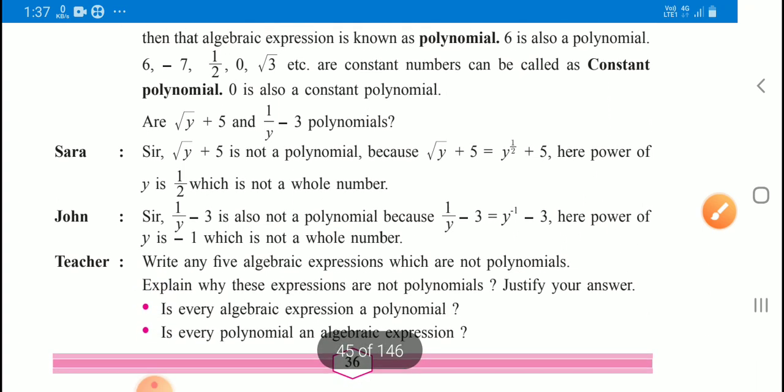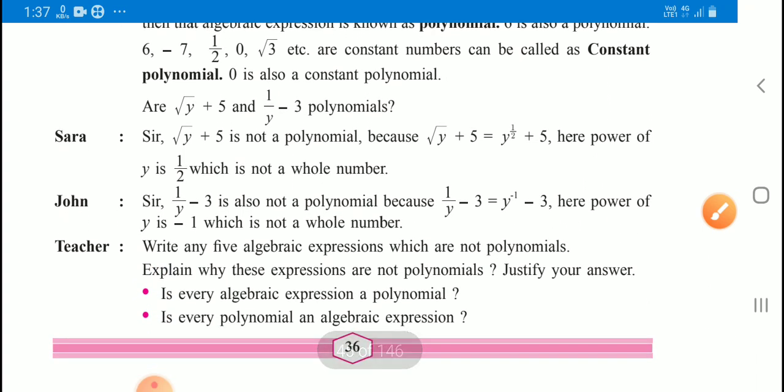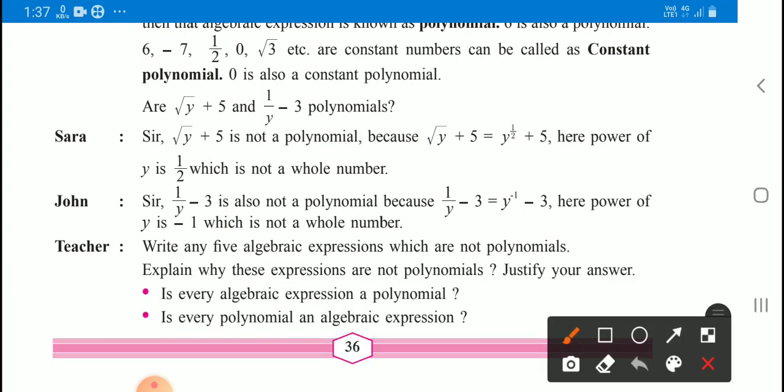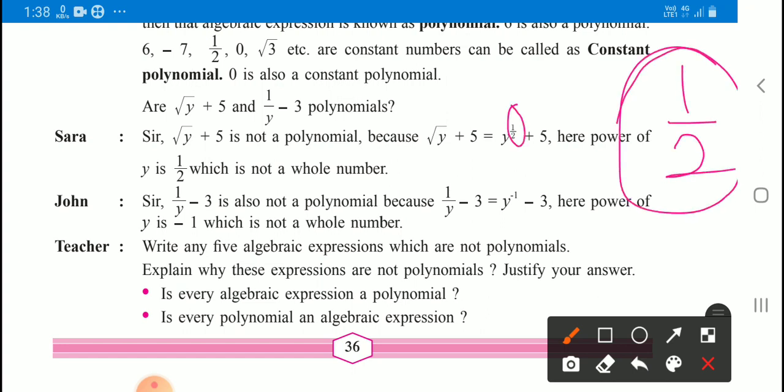Now we'll see next. Sarah said, sir, root y plus 5 is not a polynomial because, now look here, you can see y is written under the root sign. So the power of y is 1 upon 2, and 1 upon 2 is not a whole number. It is a fraction.